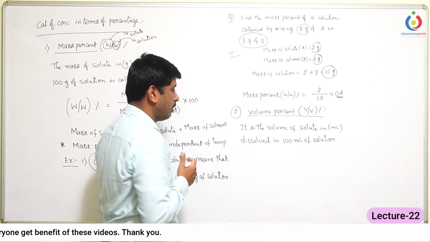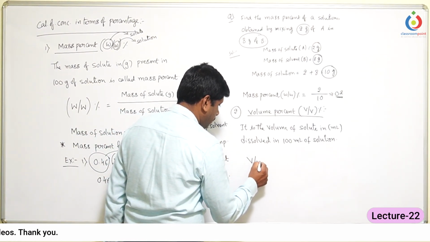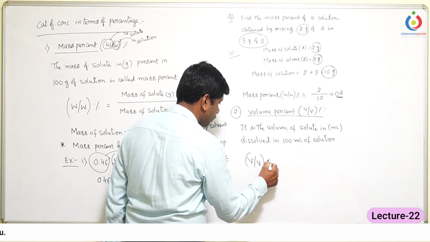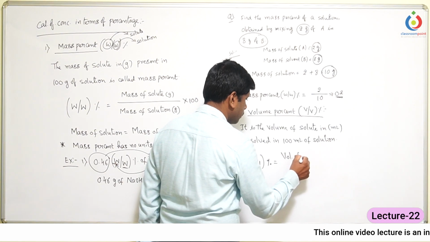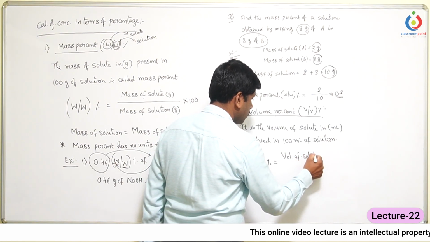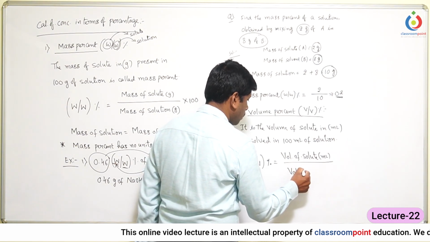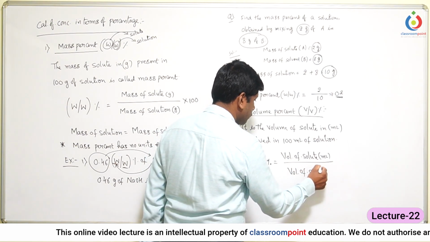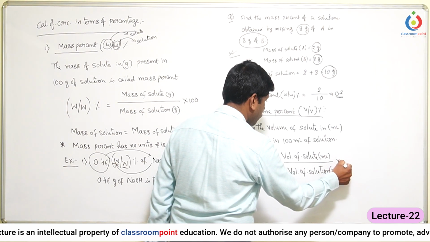So let us transform this definition into the formula. Volume by volume percent is equals to volume of solute, that in ml, divided by volume of solution in ml into 100.